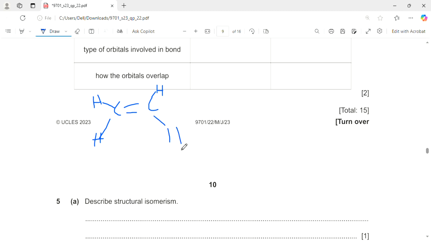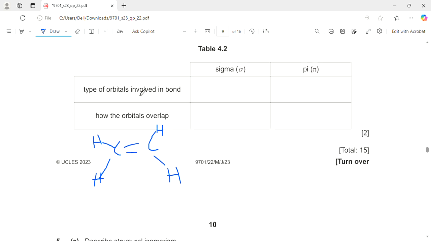Here you can see the types of orbitals involved in the bond. So what types of orbitals are involved in the bond?